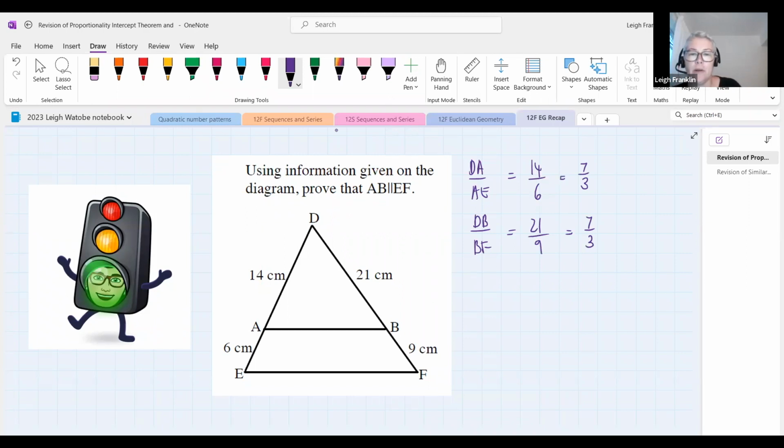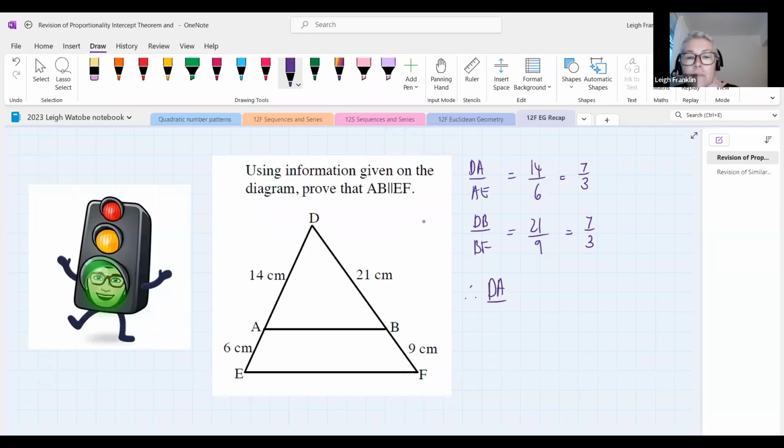Beautiful. Keep going. Therefore, AB over DB, AD. Hang on. Did you mean DA? That's fine, the order of the letters doesn't matter, but I'll change it. DA, yes.